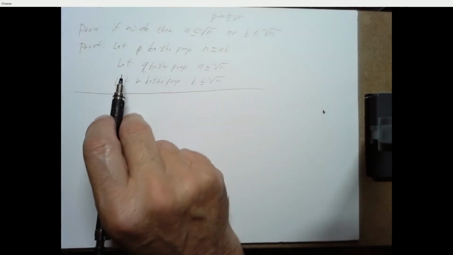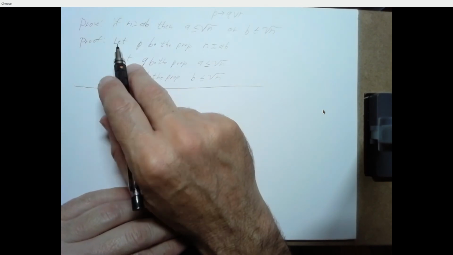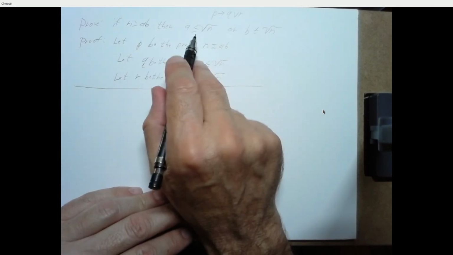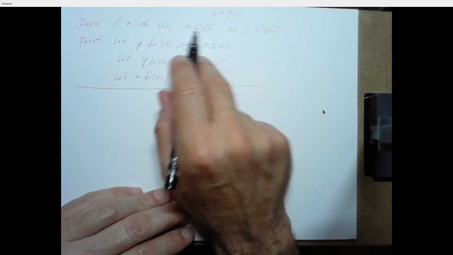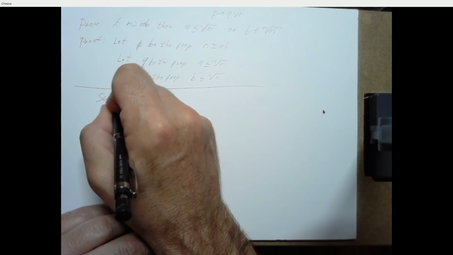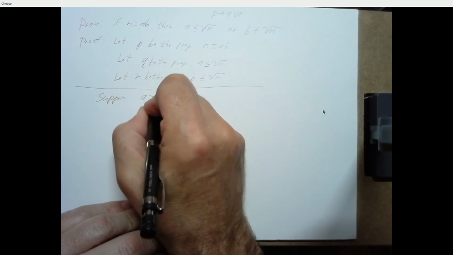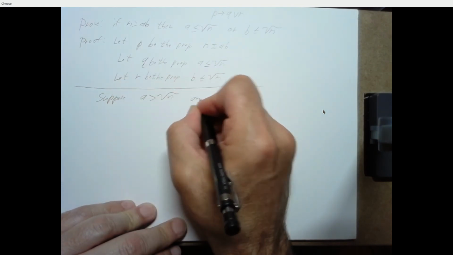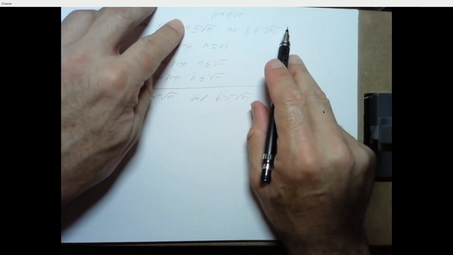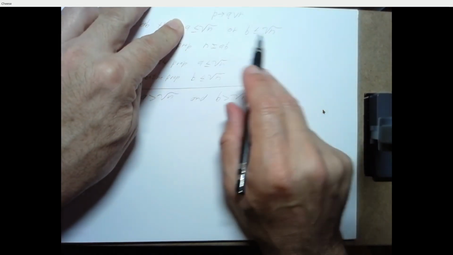So, let P be the proposition n equals a times b. We're going to assume that's true and then show that one of these things must be true. Well, let's flip this around. Let's suppose a is bigger than square root n and b is bigger than the square root of n. So suppose that this or statement is not true. This is false and this is false.